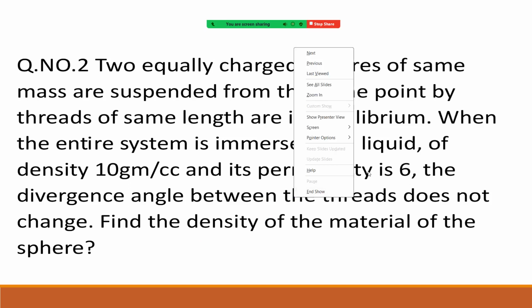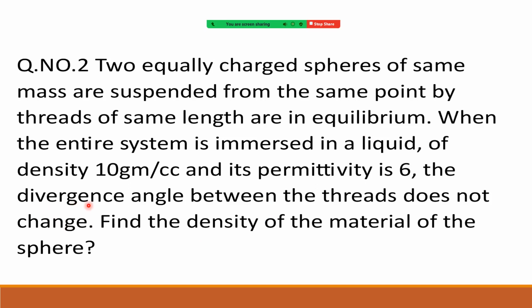The condition is the divergence angle between the threads does not change. So here permittivity actually means relative permittivity. Okay, we have to make a correction here, which is known as dielectric constant. Now we have to calculate the density of the material of the sphere.